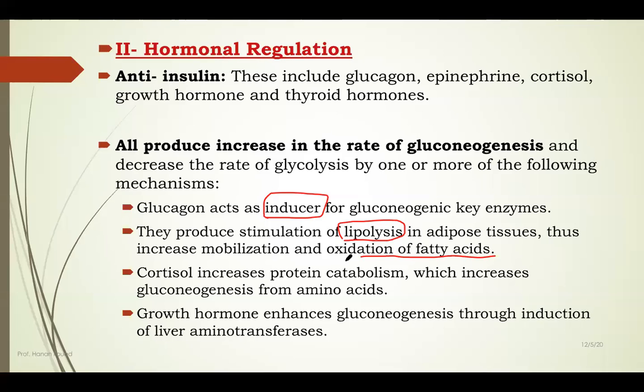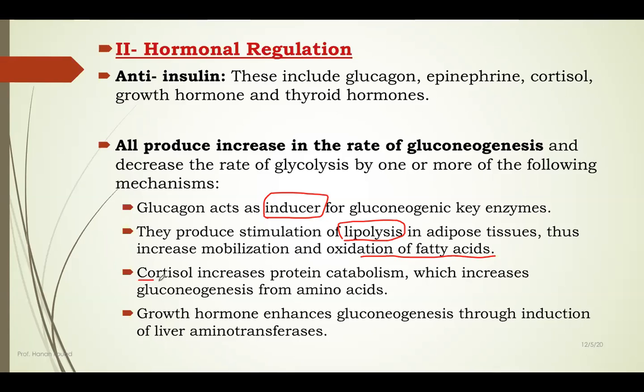Fatty acid oxidation leads to an elevated level of adenosine triphosphate, which inhibits glycolysis and the citric acid cycle, inhibiting glucose oxidation. Fatty acid oxidation liberates acetyl-CoA, which activates gluconeogenesis and inhibits glucose oxidation.